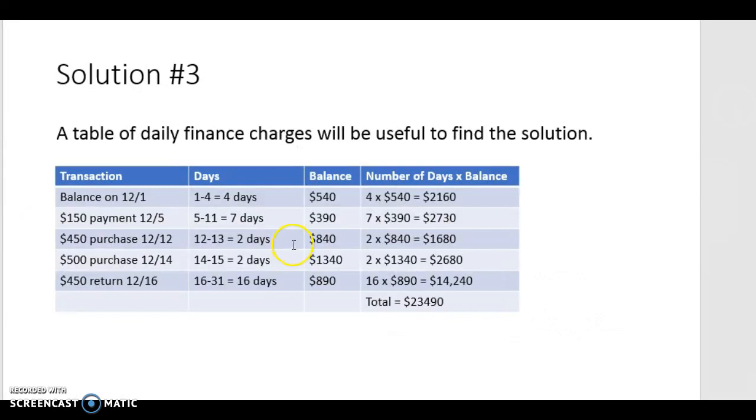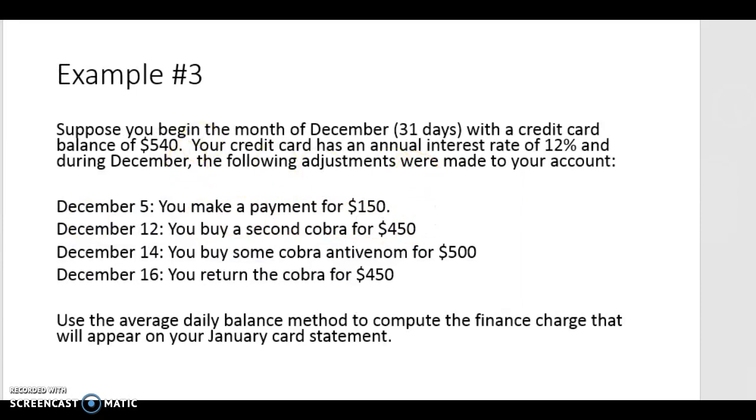Alright, so we're going to do a table here to figure out the average monthly amount. Well, this table actually here will tell us the total balances for each day for all 31 days. So what it does is the first 4 days we just had that $540 balance from the month before.